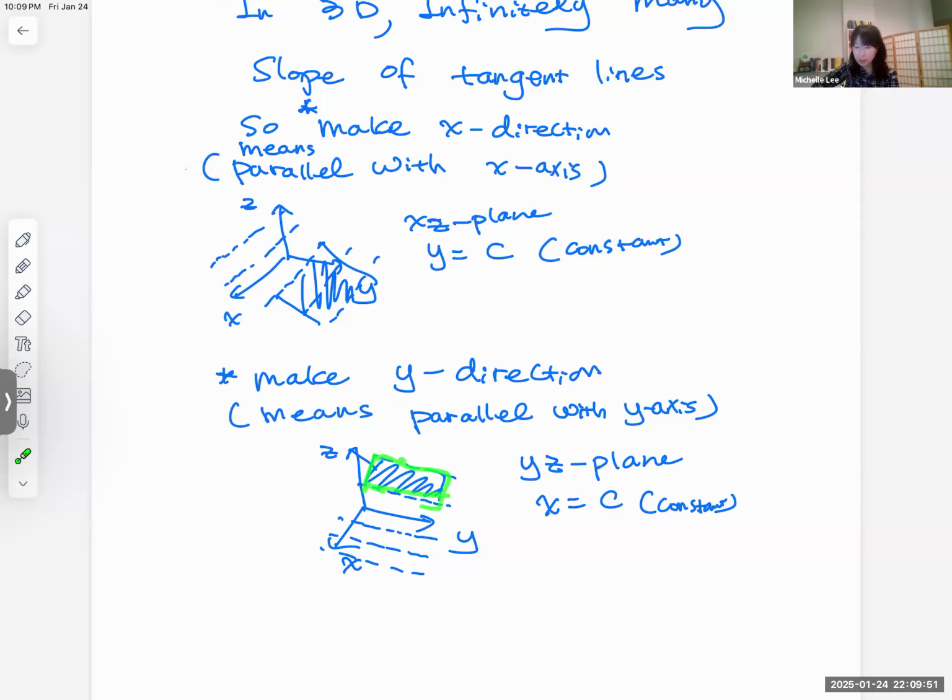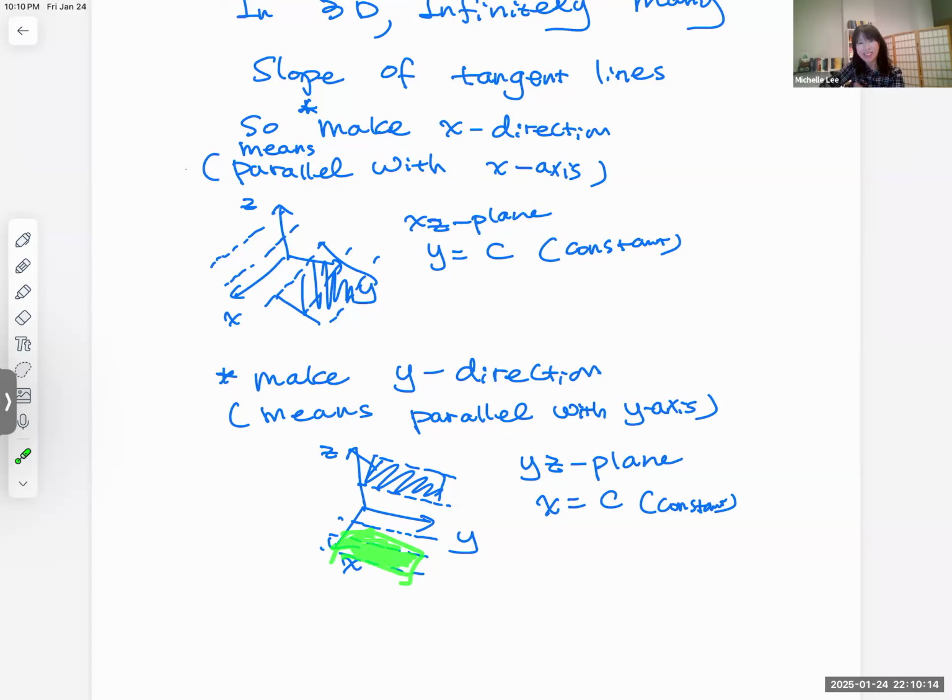So this is a plane, right? Okay, then we can express this plane as x equal to negative 8. How about that? Yeah. How about here? I want to make this plane.